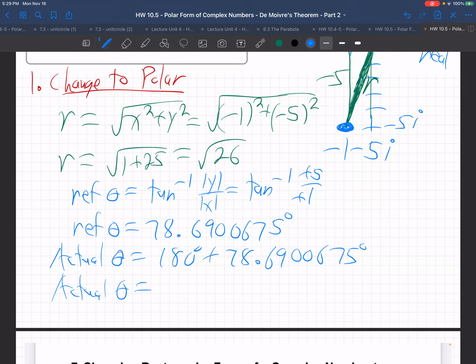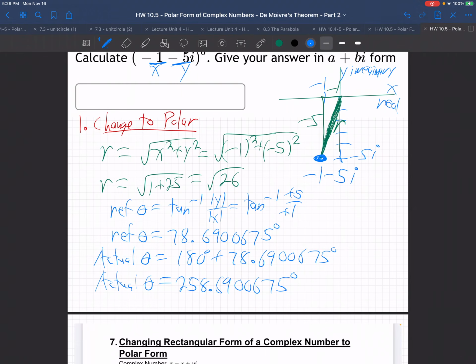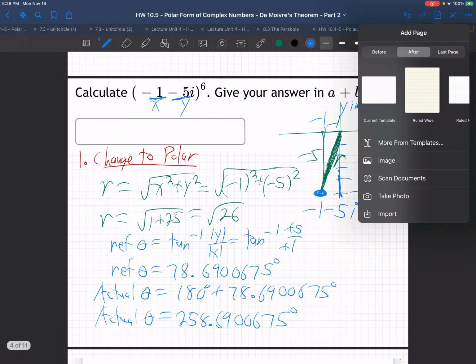Using my calculator, I add 180 and get 258.6900675 degrees. That makes sense. We're in the third quadrant, right? We're almost at 270 degrees, straight down. So that makes sense. That's the actual angle.